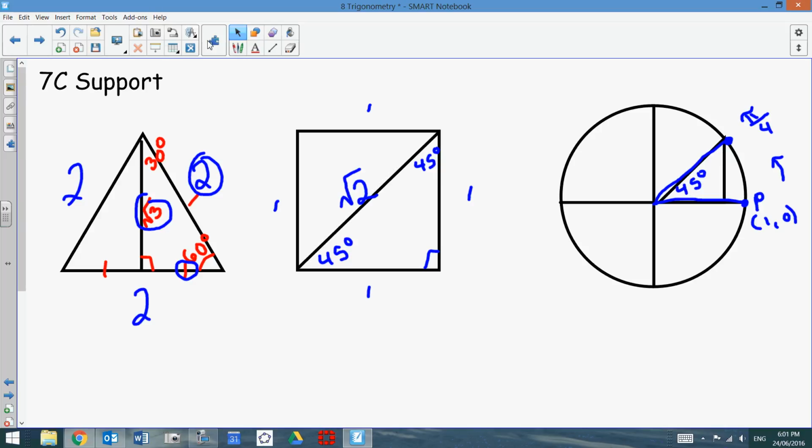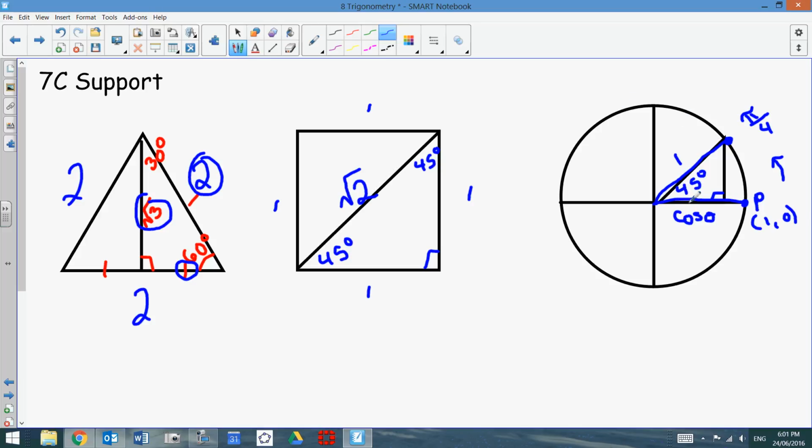So if this is my 45, 45, 90 special triangle, with the same proportions as we saw from the square, when I describe the x value, which we now call my cosine because it is adjacent over hypotenuse, in this unit circle we reduce our hypotenuse down to 1, so that my radius is 1 unit.